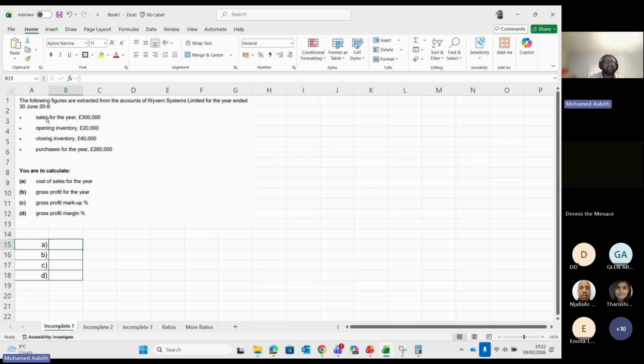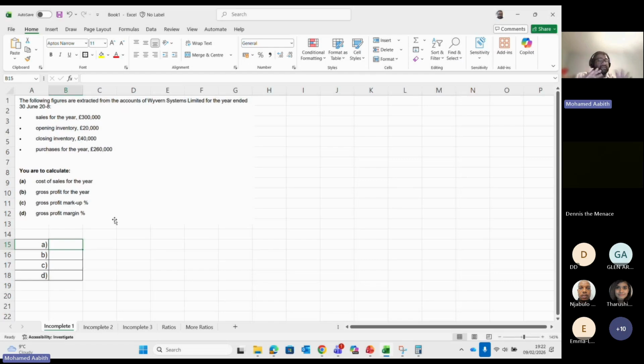They're saying sales for the year is £300,000, opening inventory is £20,000, closing inventory is £40,000, purchases for the year is £260,000. So we're given all of that information here.